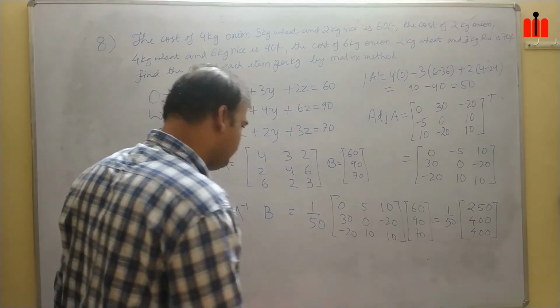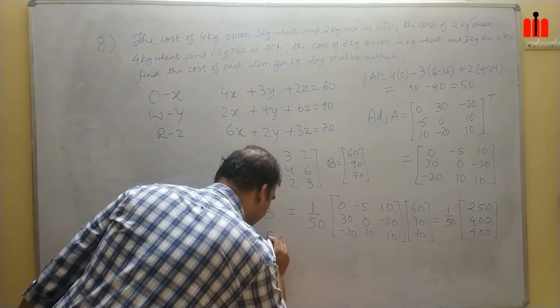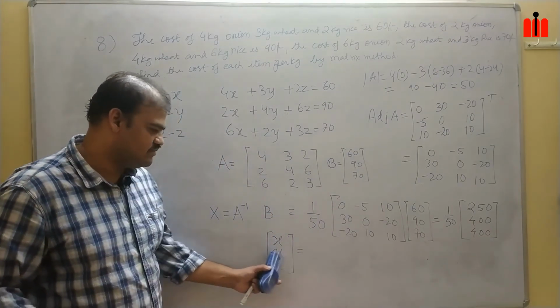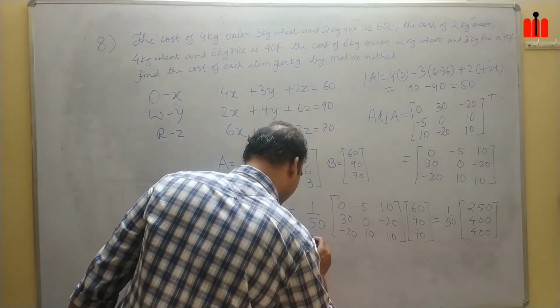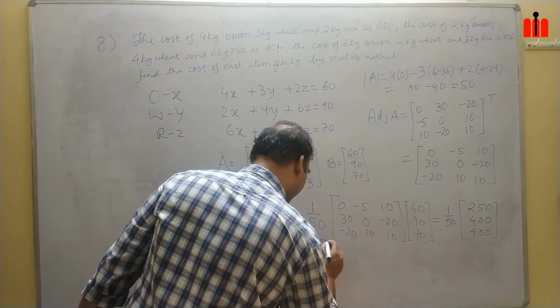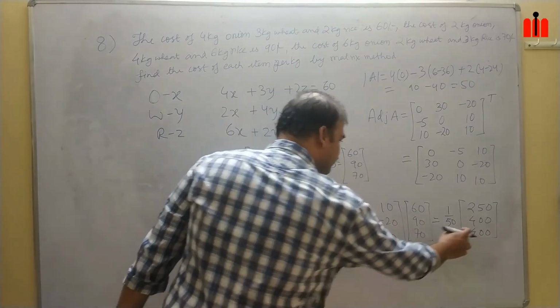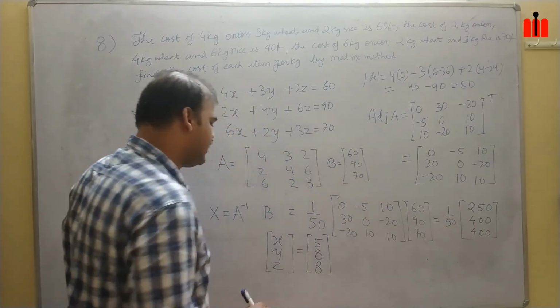So what will be my XYZ? My X matrix is my XYZ. Okay. So 250 by 50, the answer is 5. 400 by 50, 8. 400 by 50, 8. Okay.